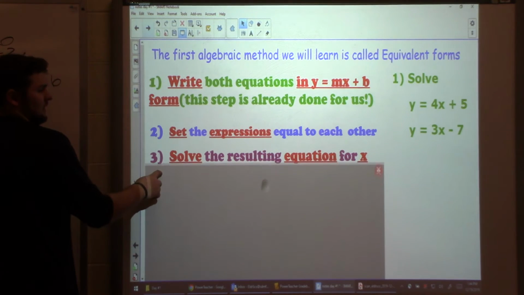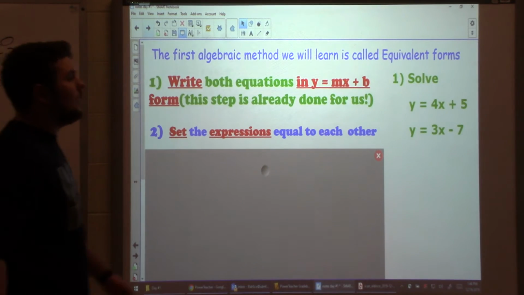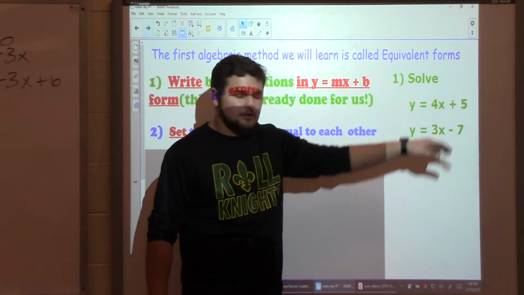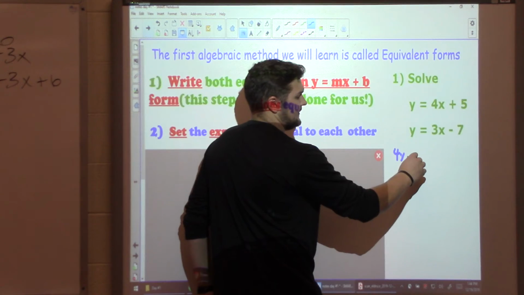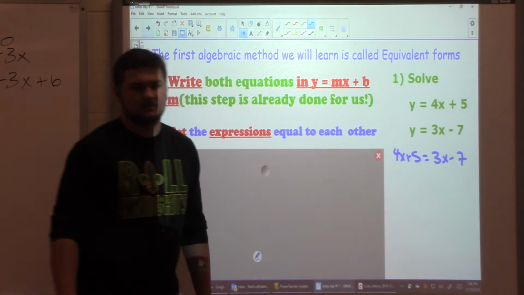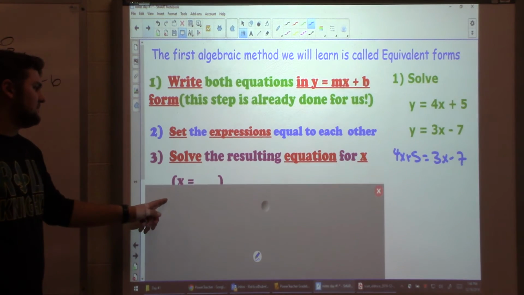Step 2. Set the expressions equal to each other. If they both equal y, then these two pieces both need to be equal to each other. So if I'm going to set them equal to each other, I'm going to go 4x plus 5 equals 3x minus 7. Step 3 then.